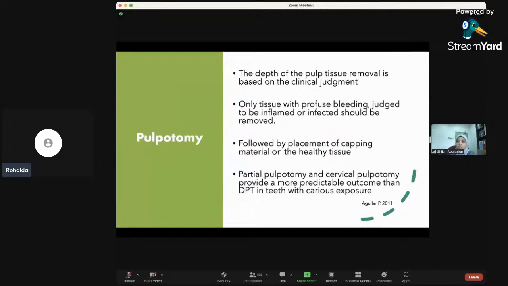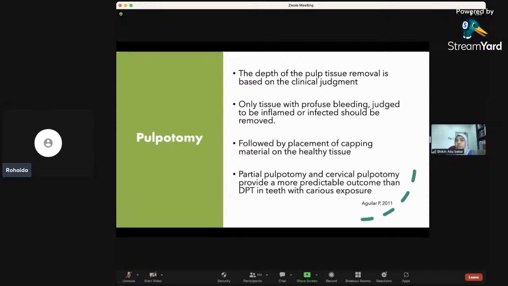Right. So when we talk about pulpotomy, I'm sure that all of you know what a pulpotomy is. It's not something new. But when we want to manage caries-exposed immature teeth, previously there was no pulpotomy anymore. So now we still have an option.